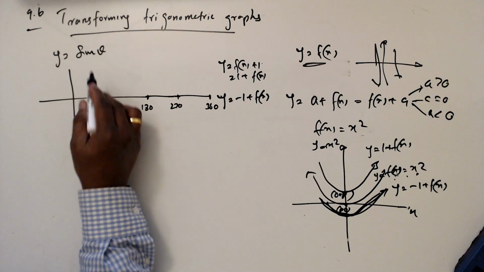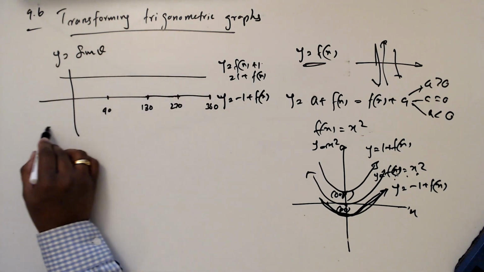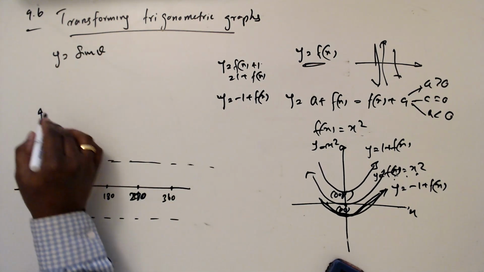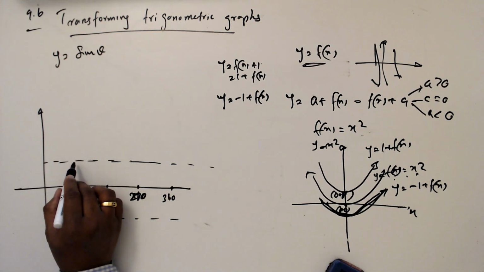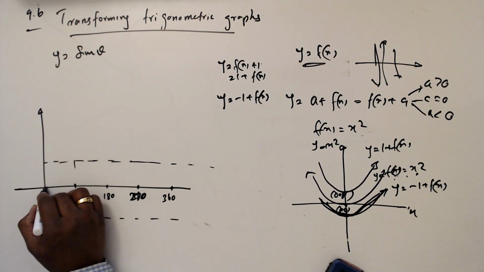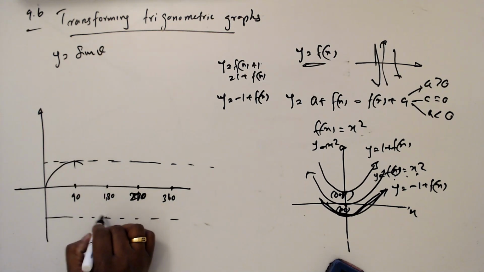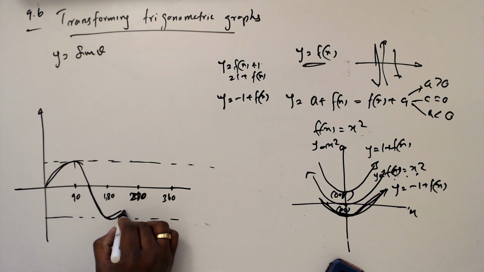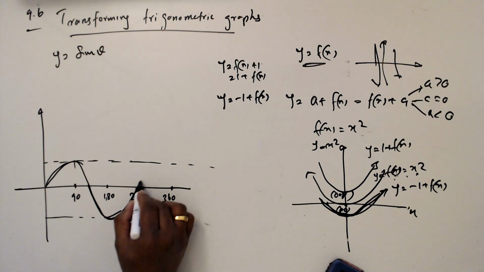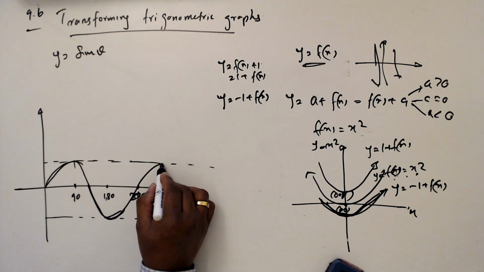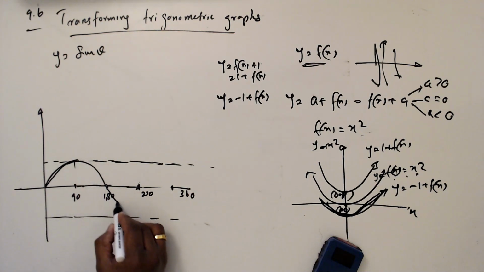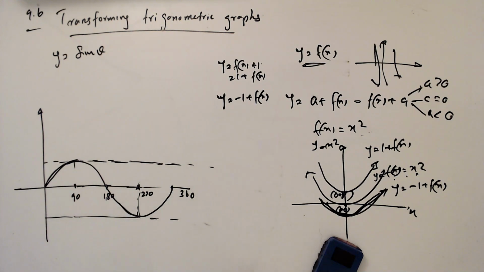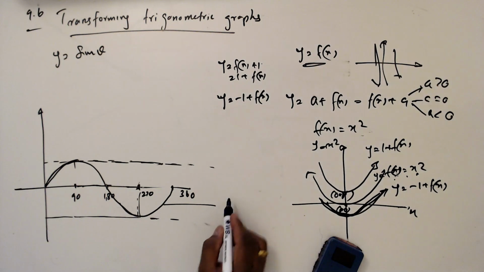So the graph is going to be a sine graph, and I draw it as a curve. So this is the y equals sine theta graph.